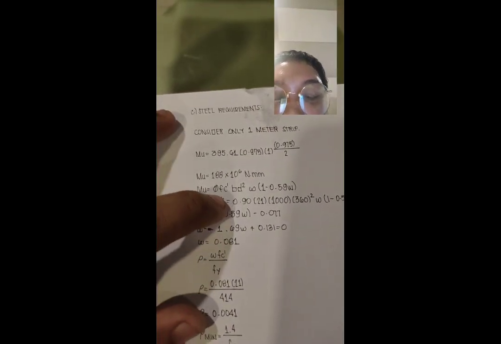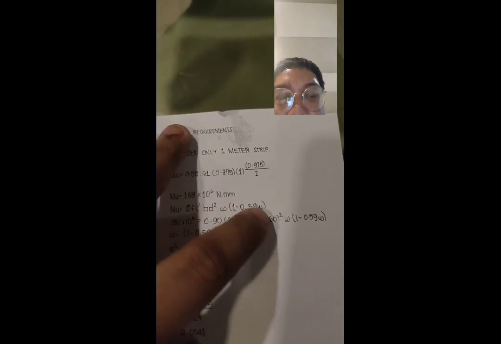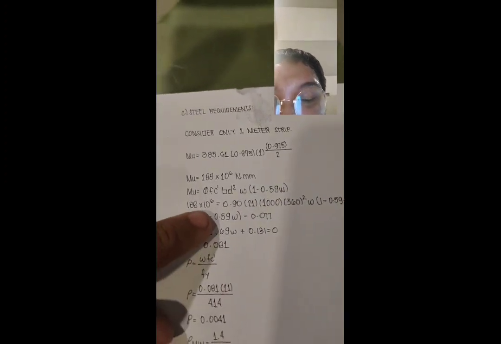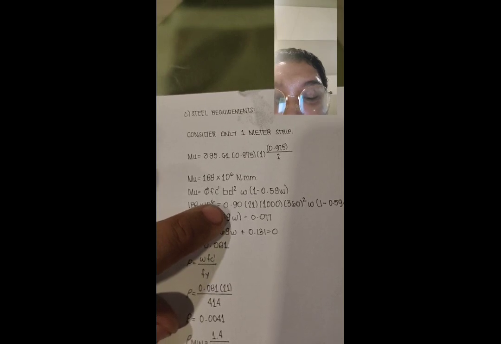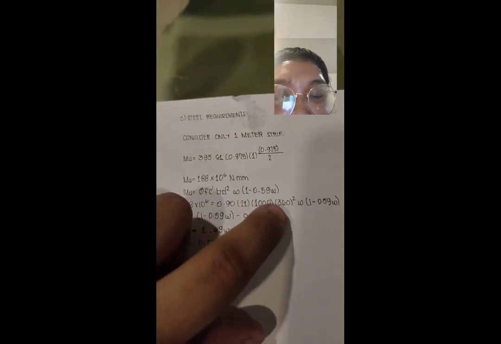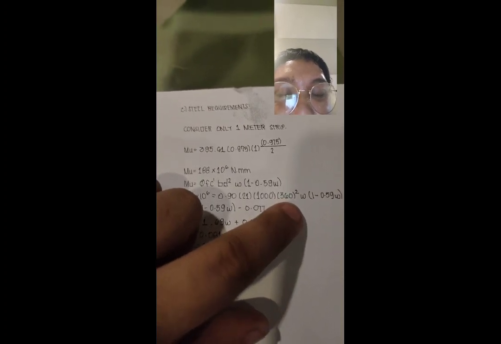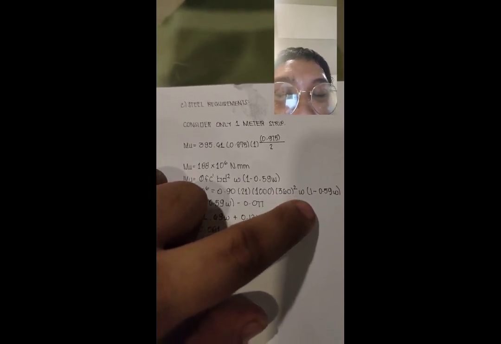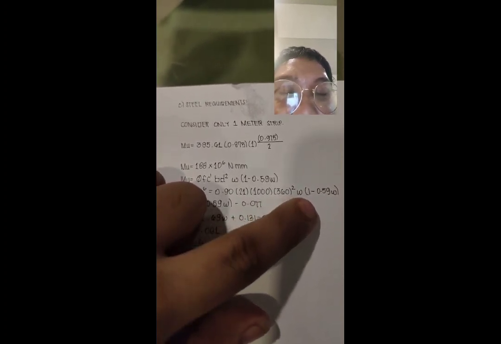So MU, V, F prime C, BD square, W times 1 less 0.59. And formula, we're getting 188 times 10 raised to 6 is equal to 0.90 times 21 times 1,000 for conversion times 360 squared, W times 1 minus 0.59 W.